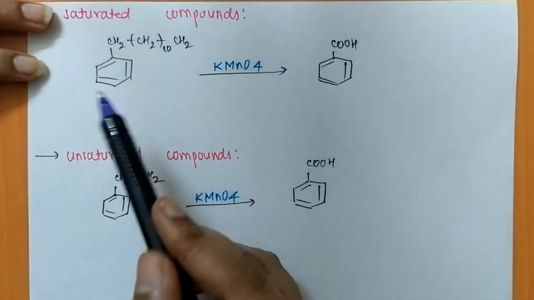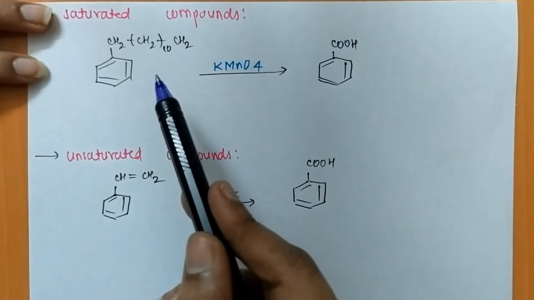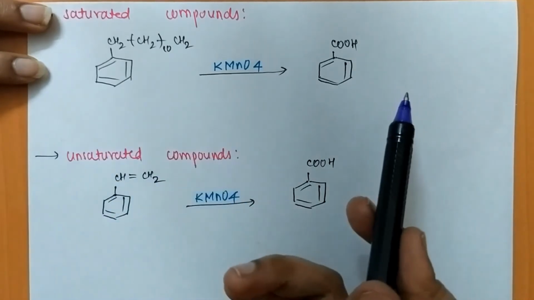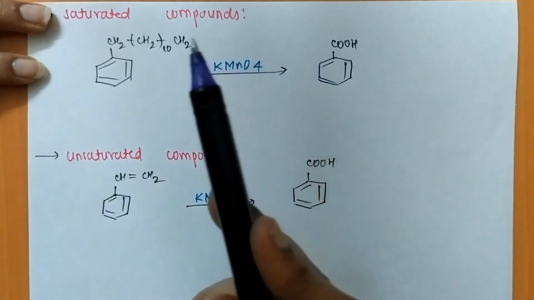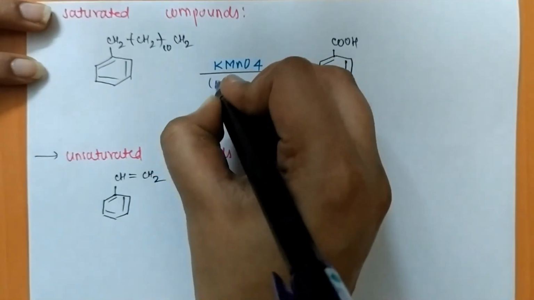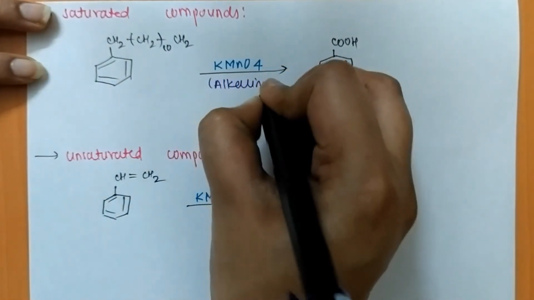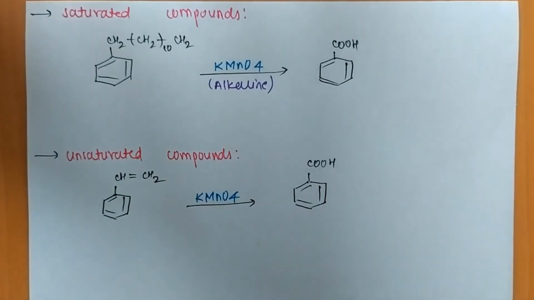But since this compound is saturated, there is a very important condition for the carboxylic acid to be formed. The carboxylic acid can only be formed by reacting with KMnO4 under alkaline conditions. That is, KMnO4 under alkaline conditions can oxidize the saturated compounds only.